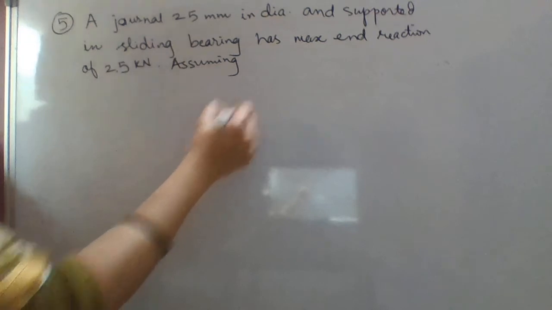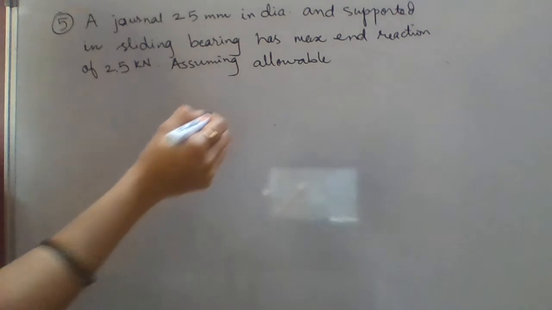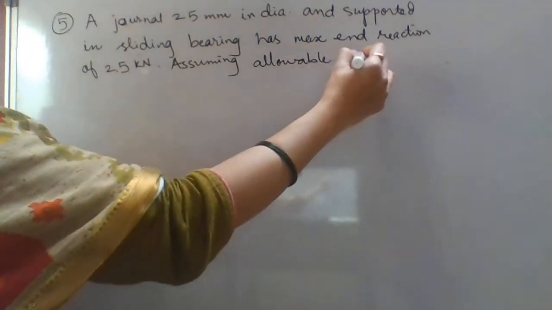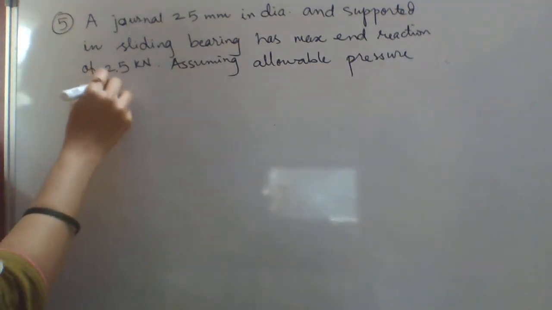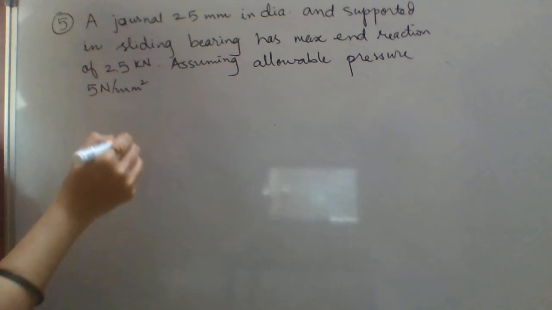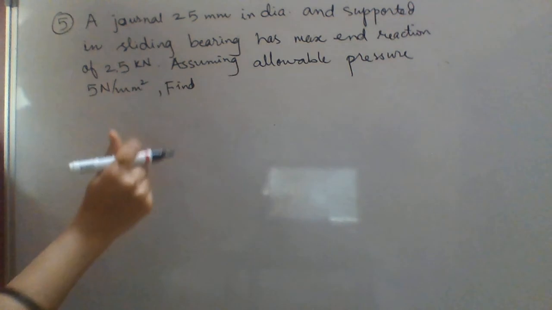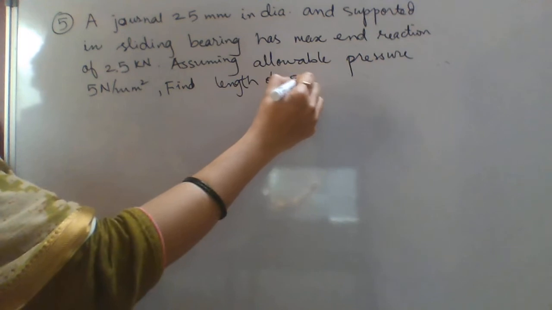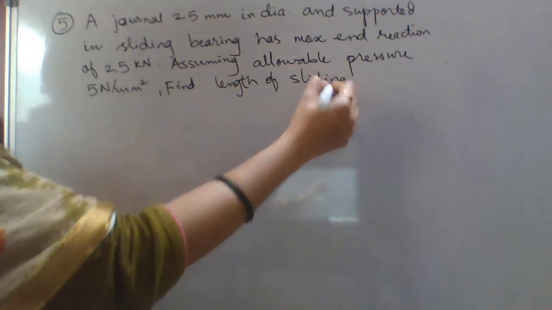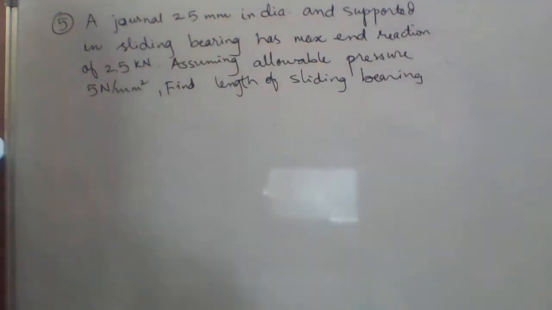Assuming allowable pressure 5 Newton per millimeter square, find the length of sliding bearing. The length of sliding bearing.